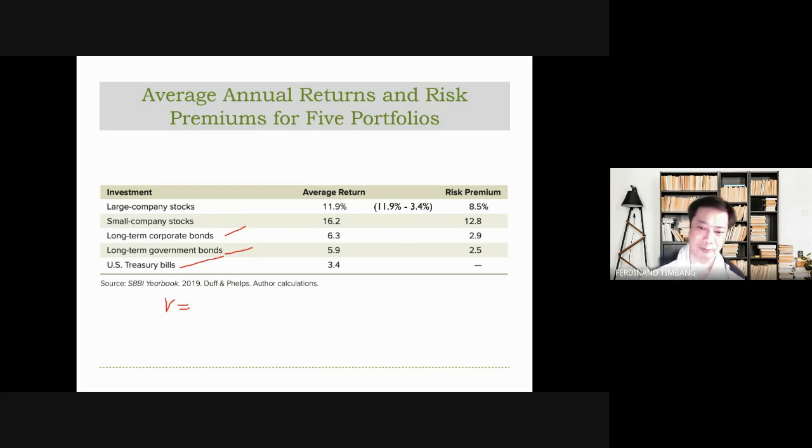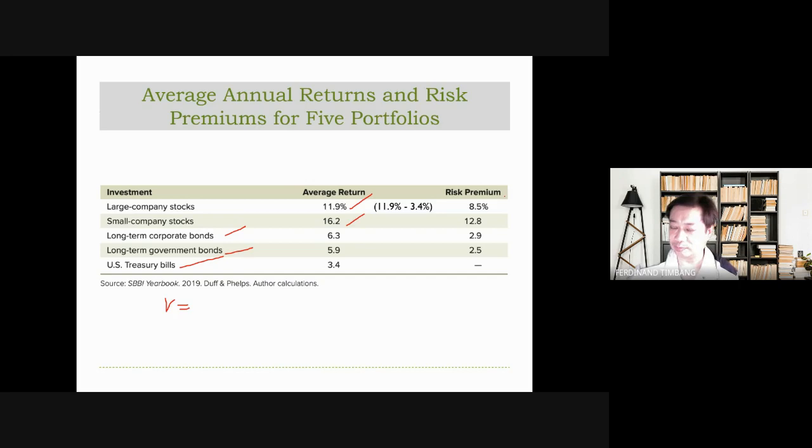So we can see that the risk for the small company stocks is of course high. If the risk is high, then you are requiring higher return, di ba? Naging 16.2% yan, and then this one is 11.9.